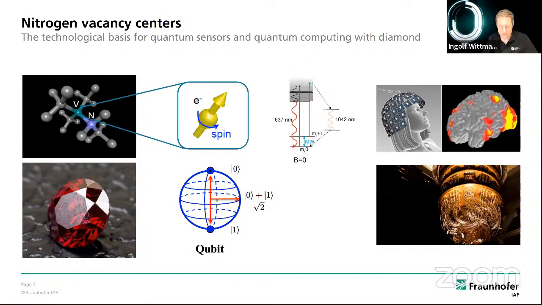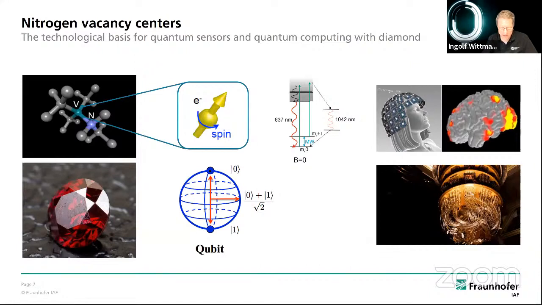For quantum computing, there are some additional challenges with the diamonds. So how to entangle several of those spins or building qubits out of that, and to perform at the end quantum gate operations.